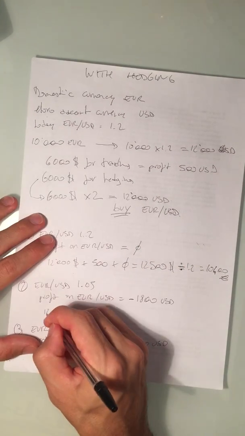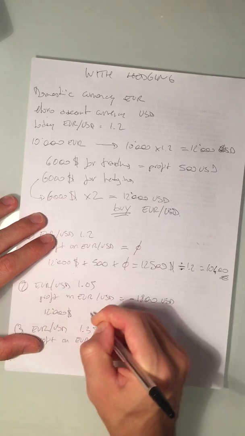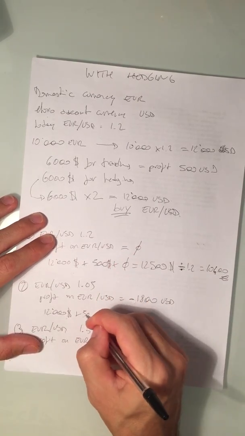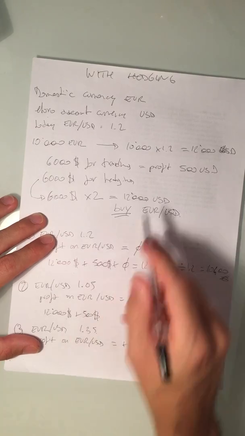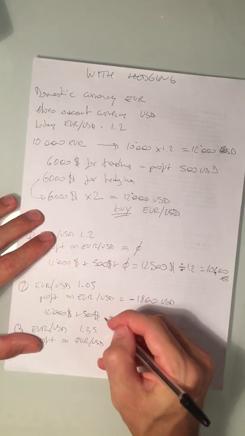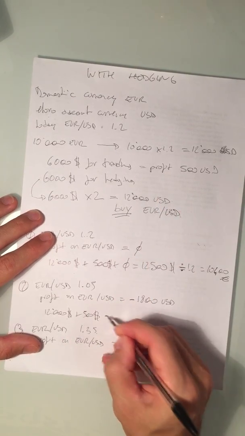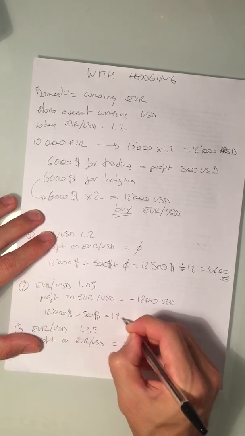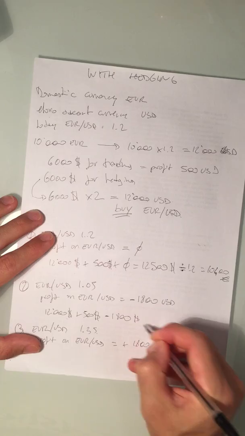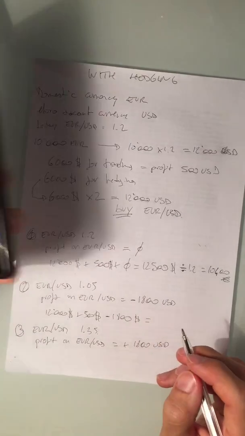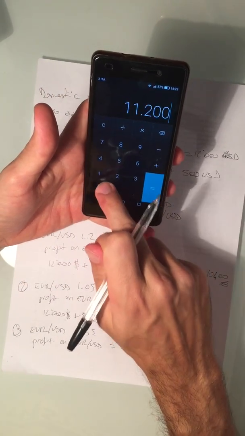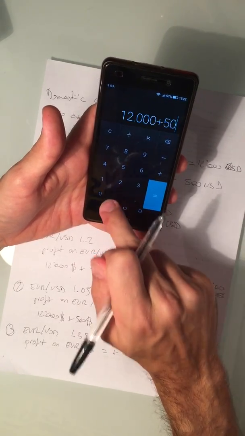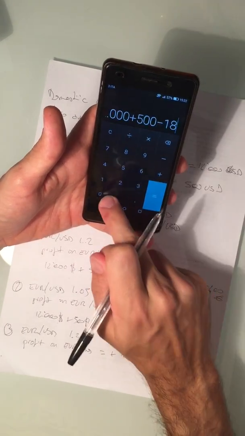In this case, you have 12,000 US dollars, plus 500 US dollars because of the profit, and the loss on euro US dollar, so minus 1,800. So it's 12,000 plus 500 minus 1,800.